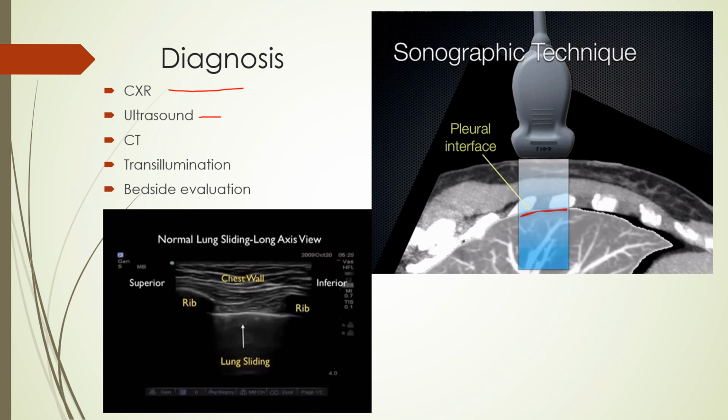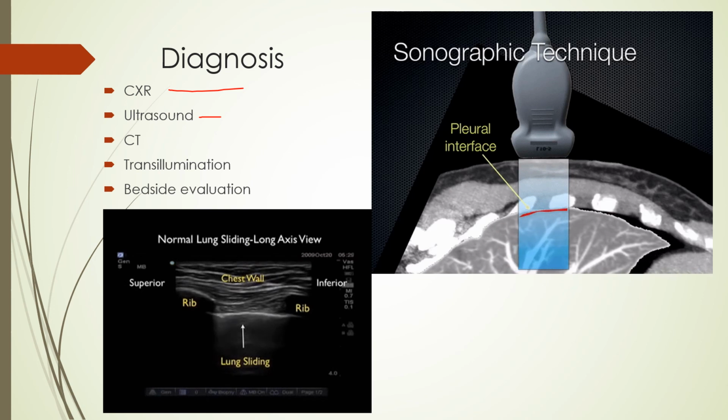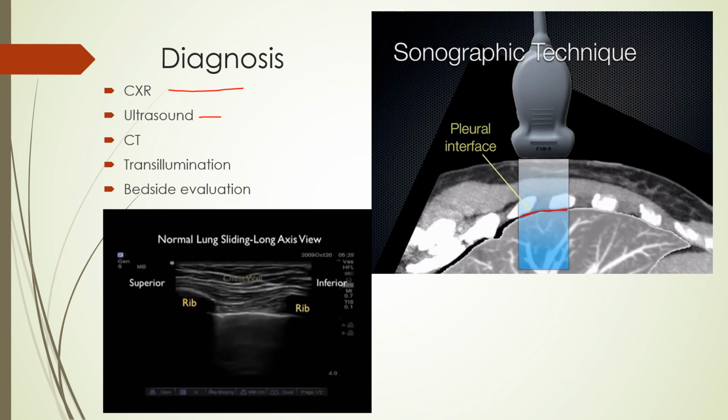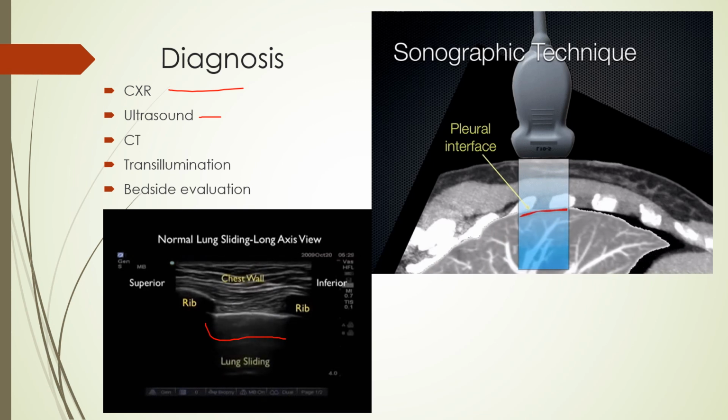So the cool thing is we can put that on there, and we're looking for lung tissue to be sliding, right? And you see in the picture on the right the lung tissue sliding, and then if you look on the picture just below the wording here, you can see the lung sliding back and forth, and you see what looks like comets. I don't know if I can draw over it, but you see how there's light inflections that go on here.